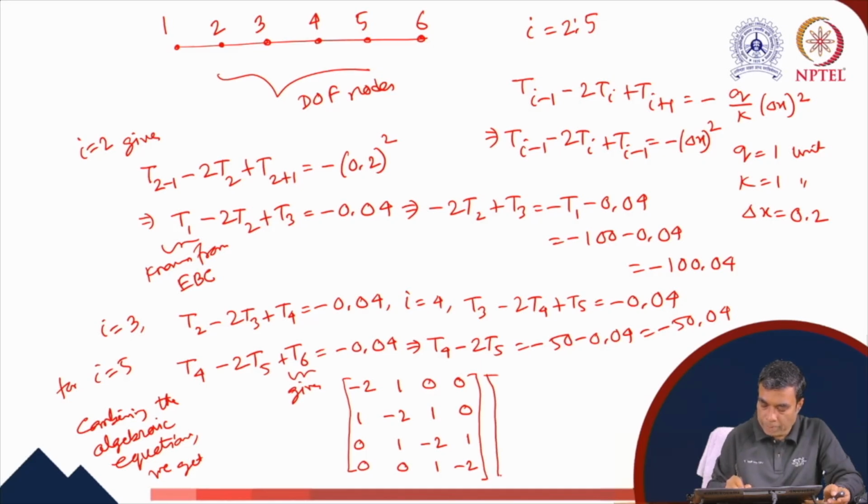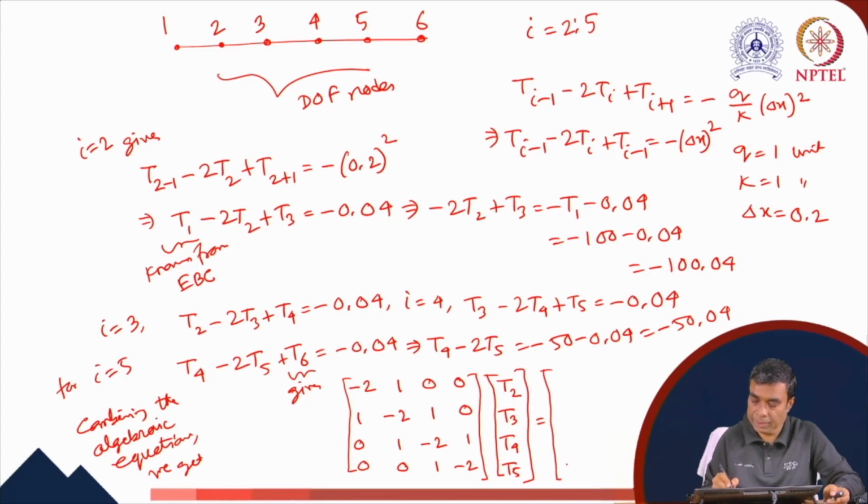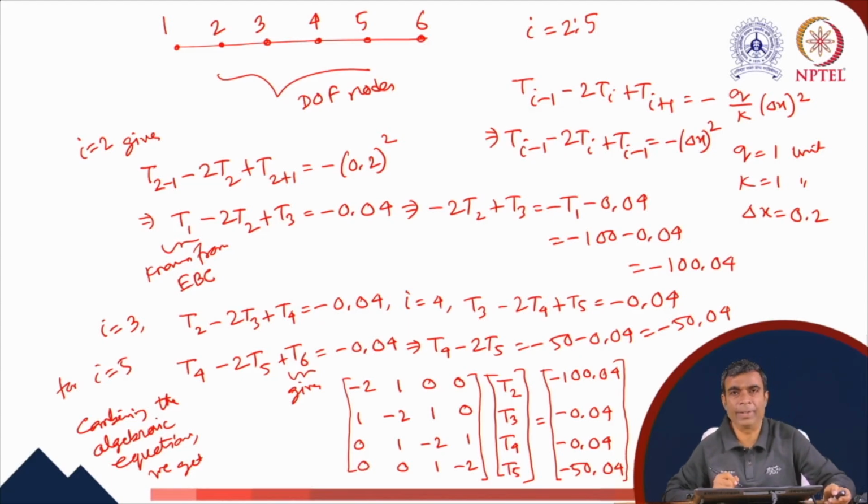This is a 4 by 4 matrix. Then we have T2, T3, T4 and T5. The load vector on the right hand side has all negative quantities: minus 100.04, minus 0.04, minus 0.04, minus 50.04. So this is exactly the same matrix equation system that we obtained using the finite difference discretization.